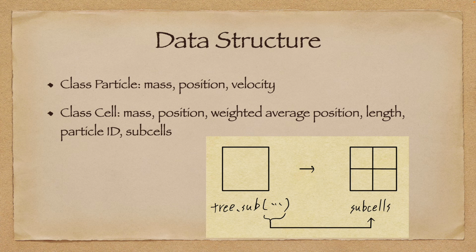And for the force calculation, we will use the weighted average position, so the error of the code will become less. It also contains the length of the cell, and as in the previous slide, it will have the particle IDs inside the subcell and the subcells inside the cell.